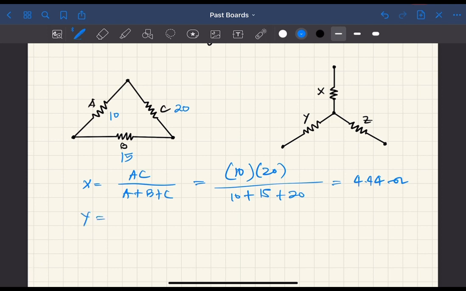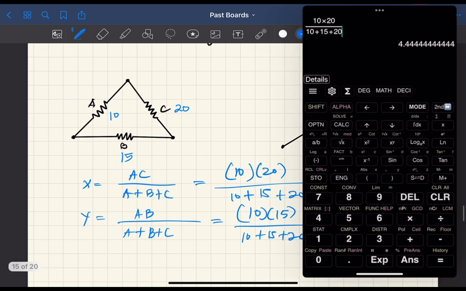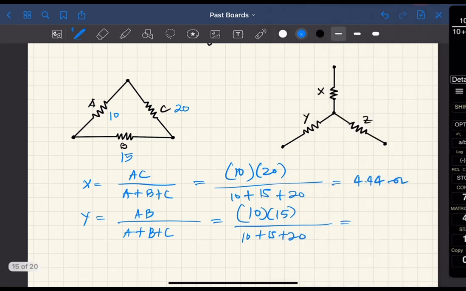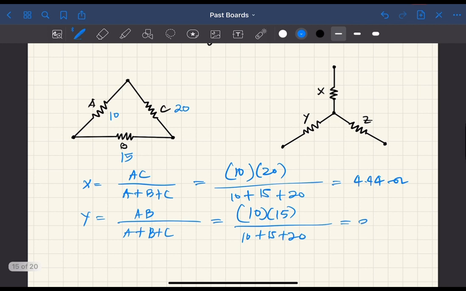Now for Y is equal to AB all over A plus B plus C. So this is 10 times 15 divided by 10 plus 15 plus 20. And this is approximately 3.33 ohms.